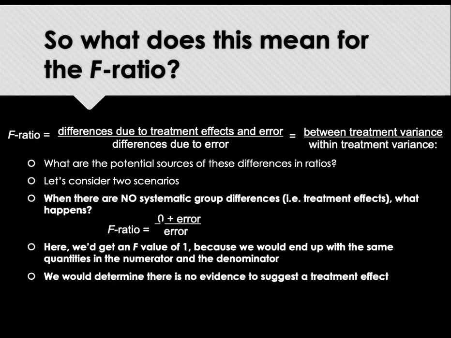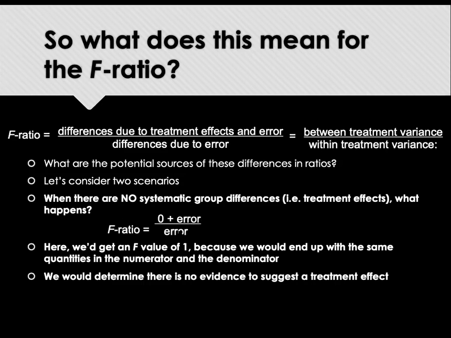Then in your numerator, differences due to treatment effects would be 0, right? And then you'd also have error. So we'd have 0 plus error. The denominator, differences due to error, that would just be the same, right? Error. So when there are no systematic group differences, when there's no treatment effects, in other words, when the null is true, we would get an F value of 1, right?